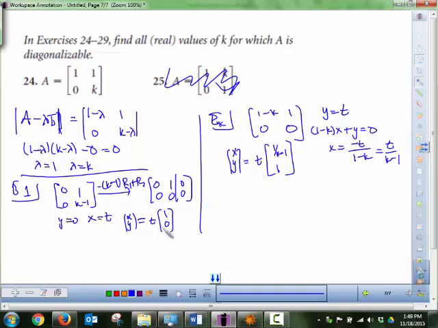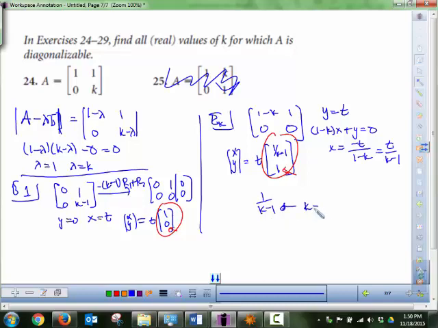Now the fact that the second component of this vector is 1 and the second component of the vector here is 0 means they're going to be linearly independent. It really just depends on what this first component is. I can make this any number I want, except of course you can't have 0 in the denominator. So the only bad thing is 1 over K minus 1.